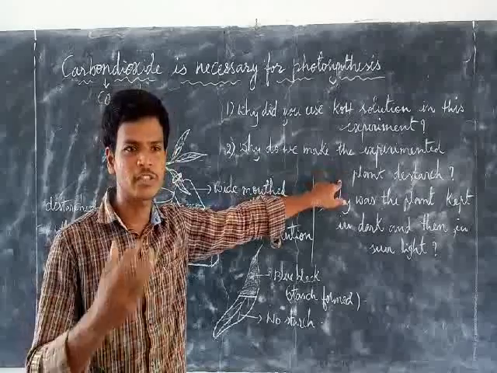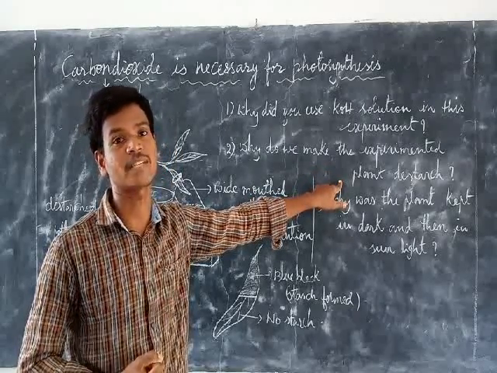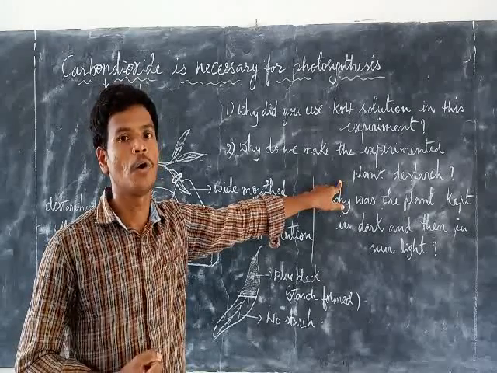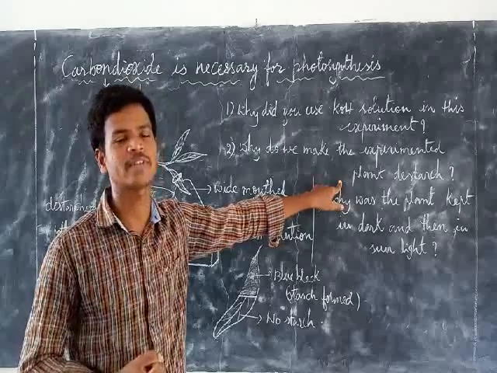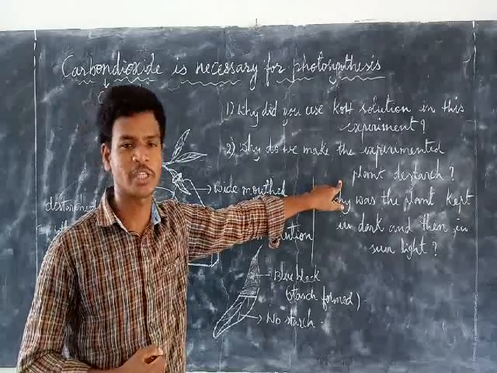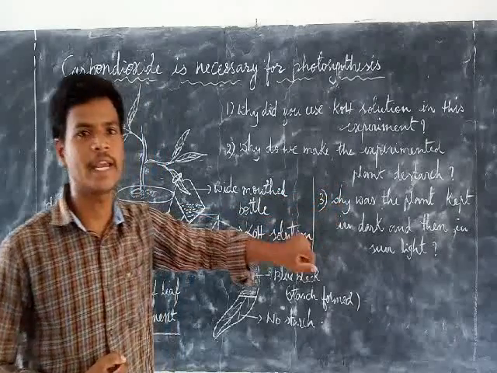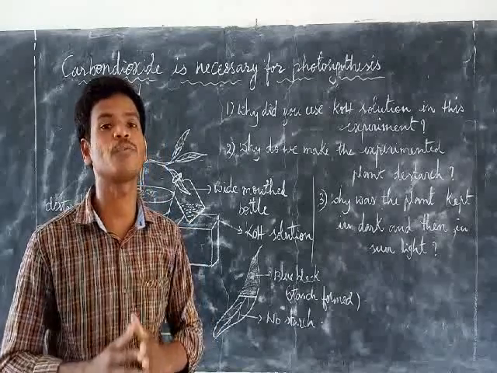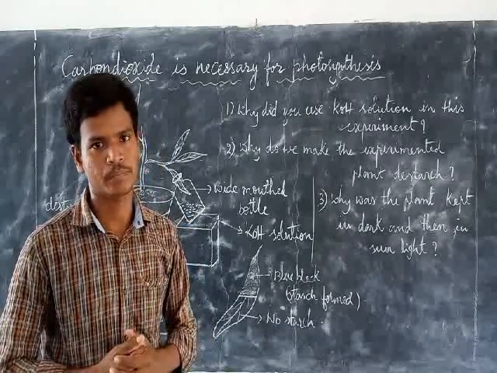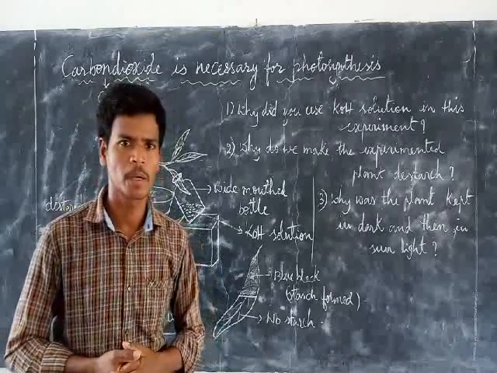Destarched means there is no starch because of the absence of sunlight. We have to keep the plant in the dark for several days for destarching. Then we can see a destarched plant, with an absence of starch. Starch is prepared by the process of photosynthesis, you know.